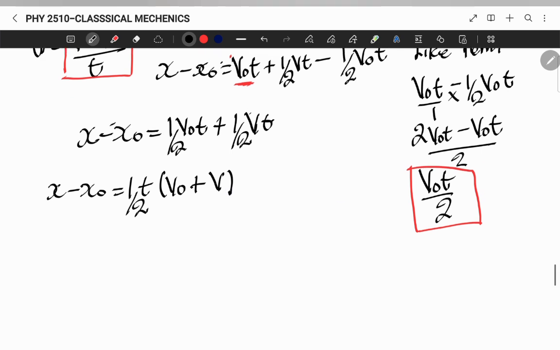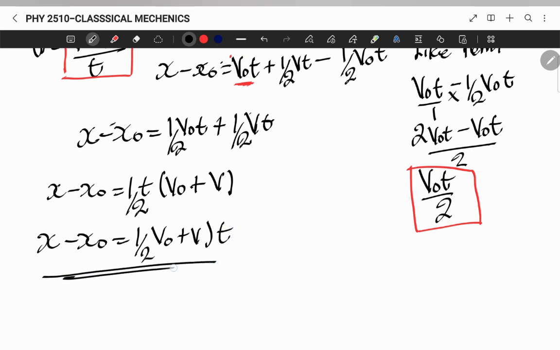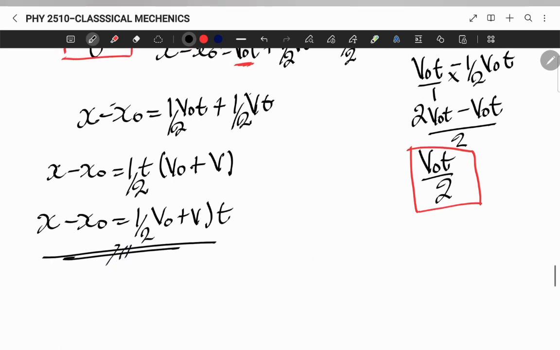So now you rewrite this equation as x minus x naught equals half times v naught plus v times t. This is the third equation, this is where it comes from. Some books present this differently, where you put u for the initial velocity, then v, like that.